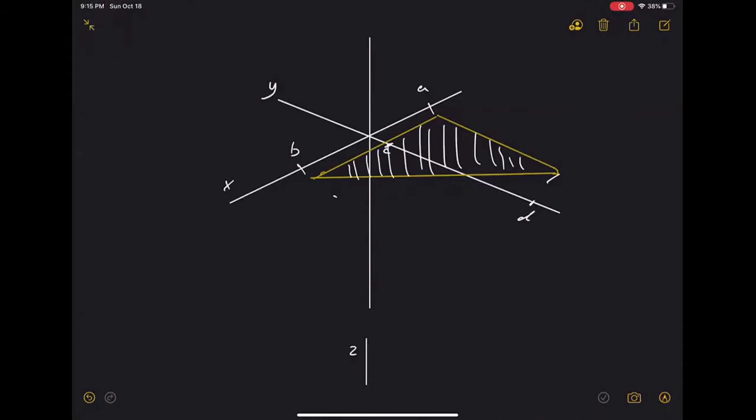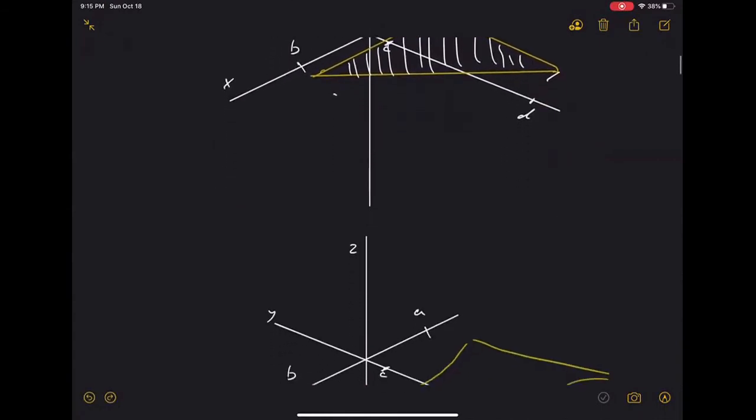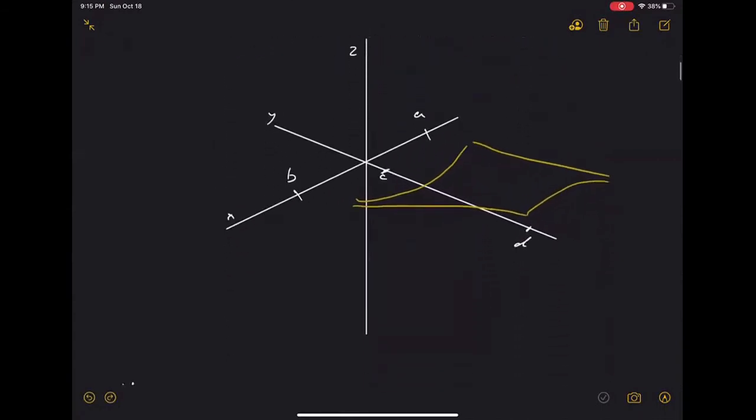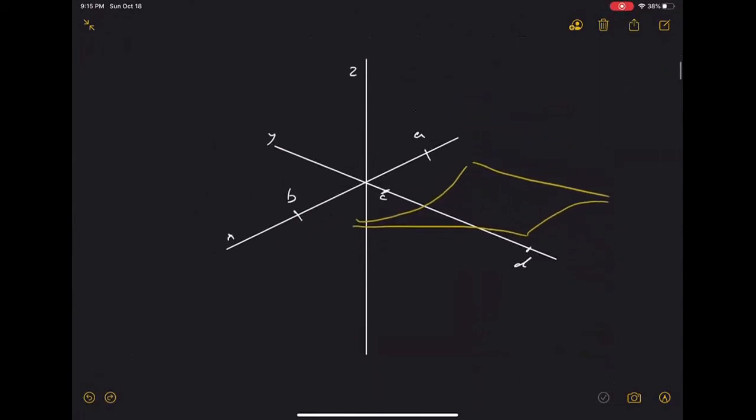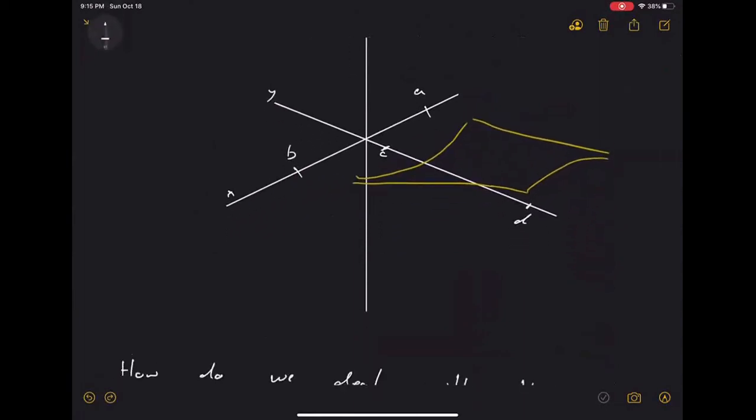And then if I'm integrating along y, something funky is going on. All right, so that's still a fairly simple case. And we could have even more complex cases where this yellow figure is in the xy plane, and we need to integrate a function on that shaded region. So how can we deal with these cases?